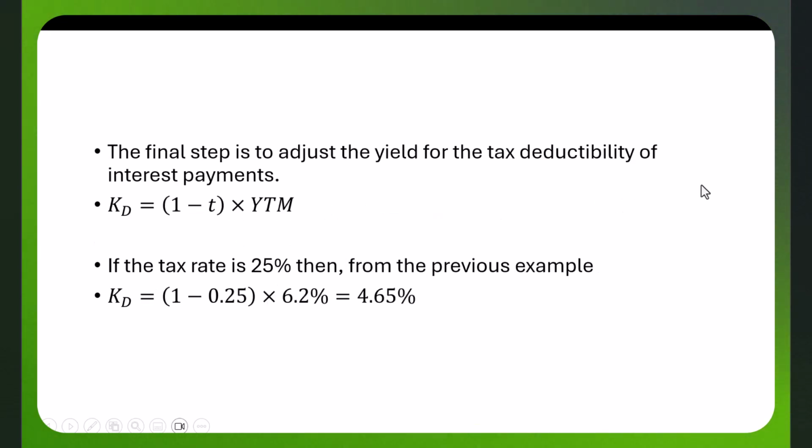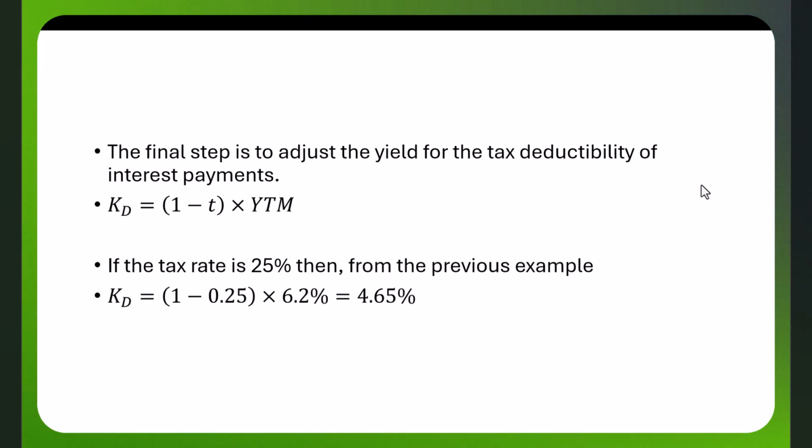The final step you might want to consider is finding the after-tax cost of debt. And you would do that by multiplying by 1 minus the tax rate. Taking the yield to maturity and multiplying by 1 minus the tax rate. Remember that interest payments are tax deductible, so Uncle Sam is picking up a portion of the interest that you're paying.